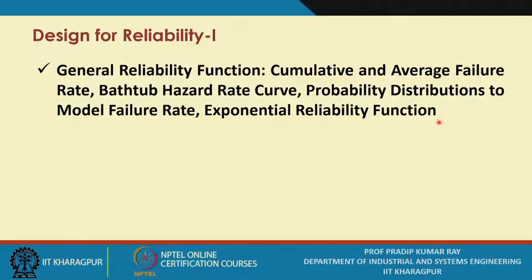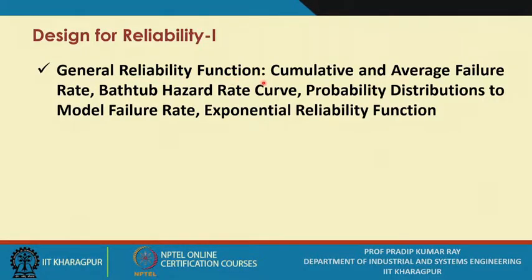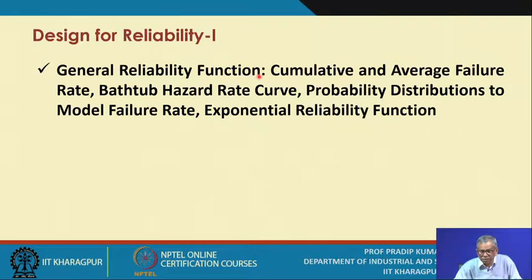Any exercise on reliability all depends on how accurately and how meticulously you can explain the reliability function, how you can model it. So, in this context, we need to discuss the general reliability function from several perspectives.